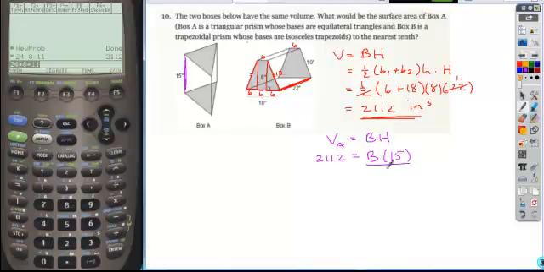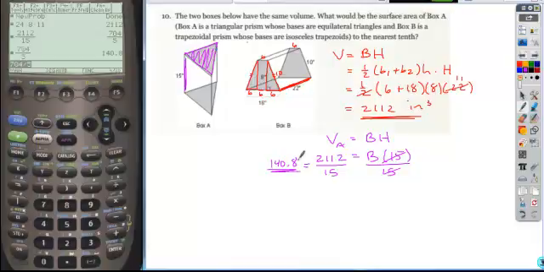I'm going to do it in separate steps. If I divide by 15, I get 140.8. So that's the total area for this base shape, 140.8.